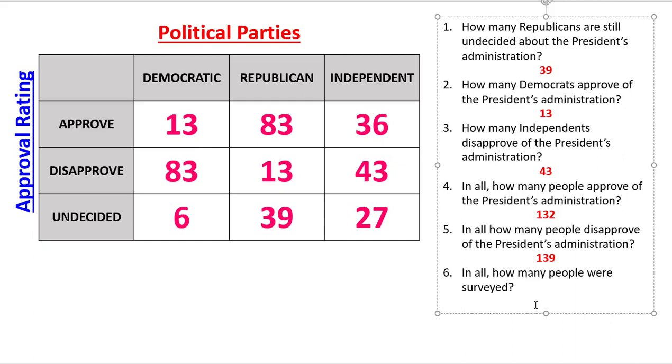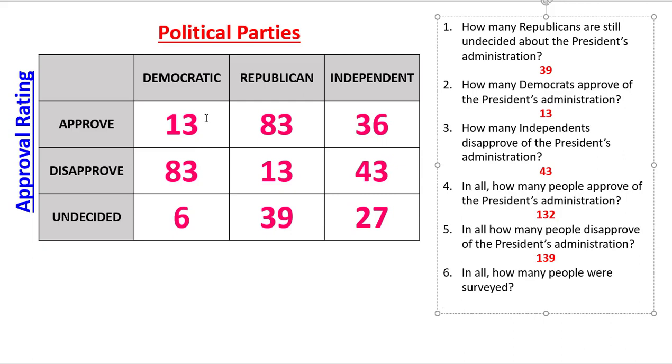And lastly, in all, how many people were surveyed? So regardless of who they approve of and regardless of what political party they belong to, they just want to know how many people responded to the survey. So to do that, you would just add up all of these numbers, because that would be the total amount of people.